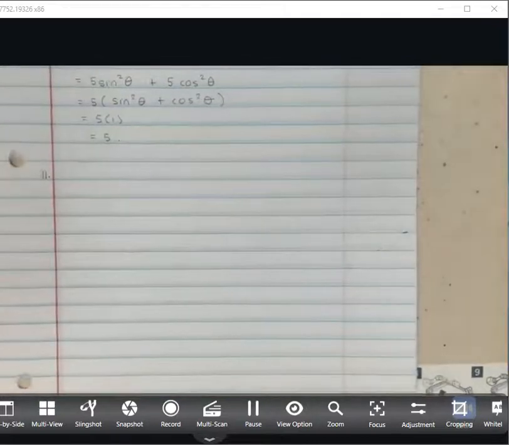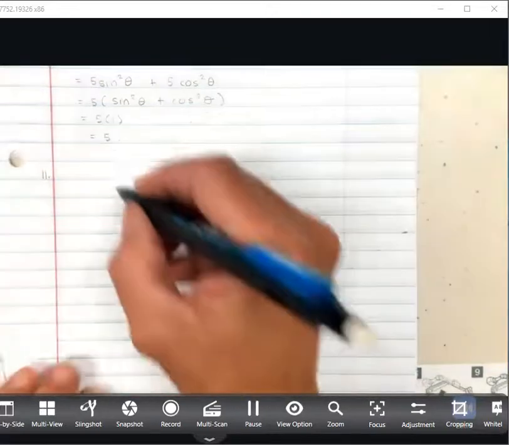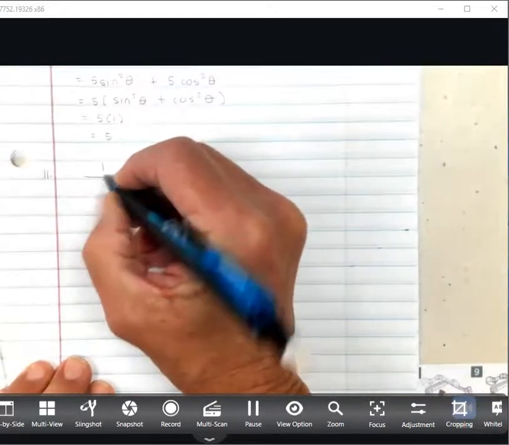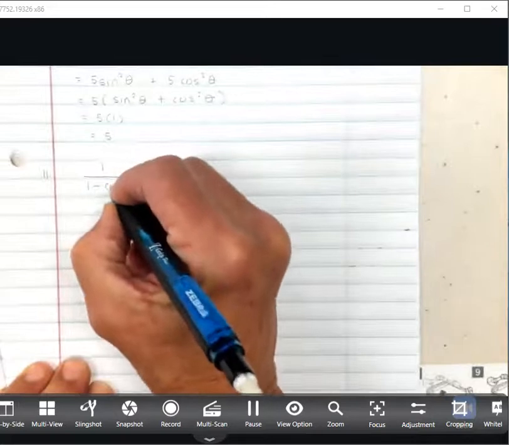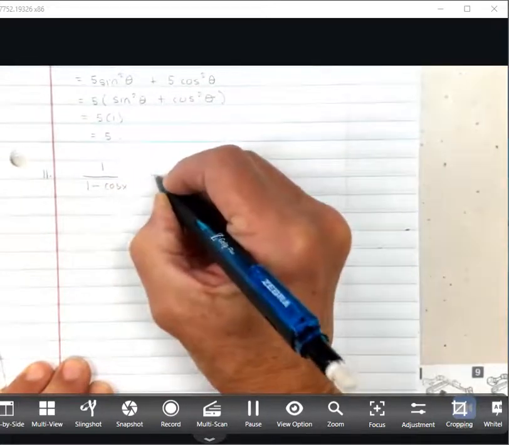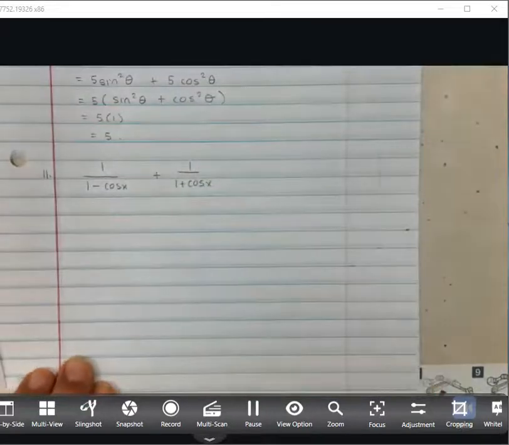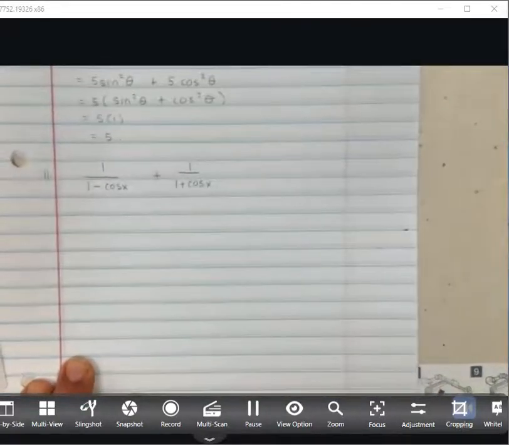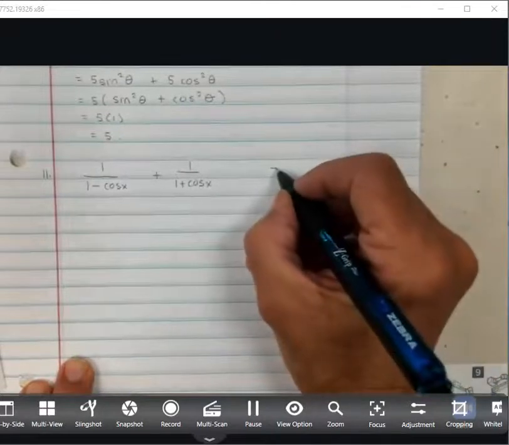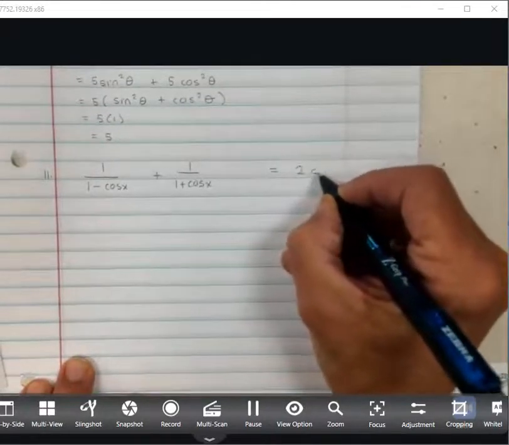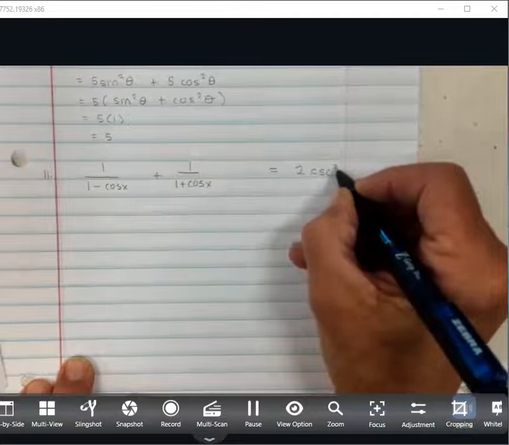We have the 6-minute drill. I want you to take these two fractions here, 1 over 1 minus cosine of x, and 1 over 1 plus the cosine of x. I want you to get a common denominator and add them, then simplify and see if you can simplify this all the way down to 2 times the cosecant squared of x.